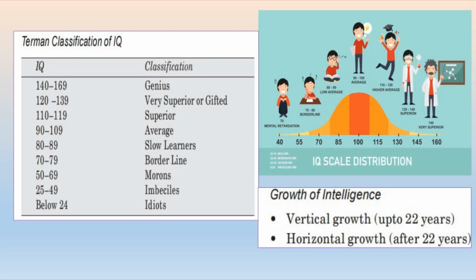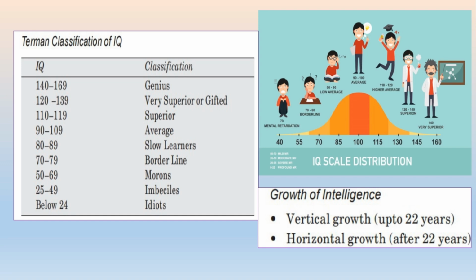The Terman classification of IQ was an early system developed to categorize intelligence levels based on IQ scores. It divided individuals into ranges, each with a label reflecting perceived ability. Scores above 140 were considered genius, while 120 to 139 indicated very superior or gifted.